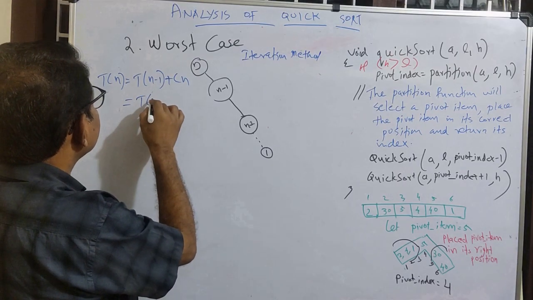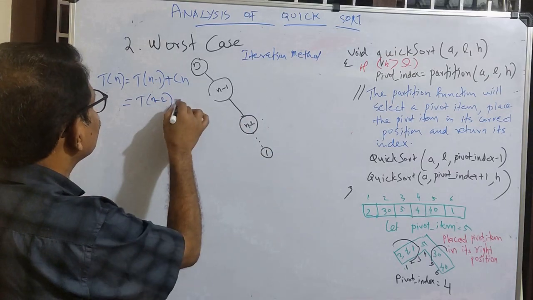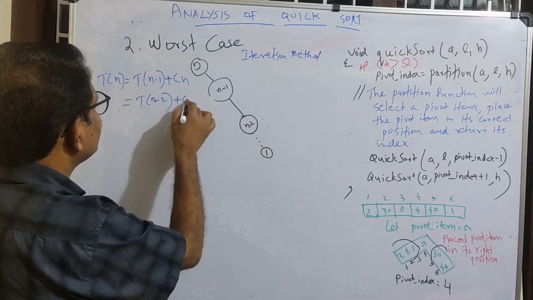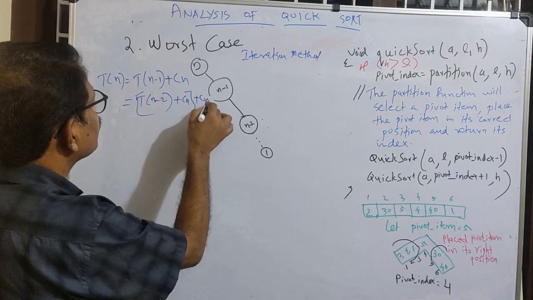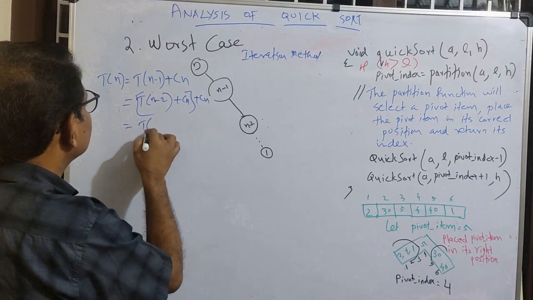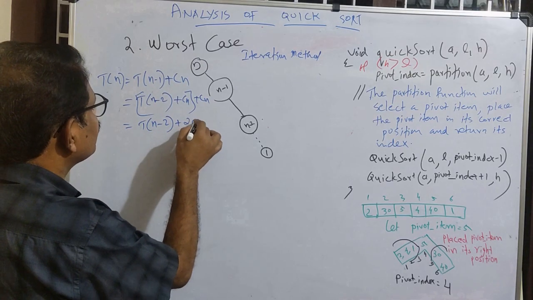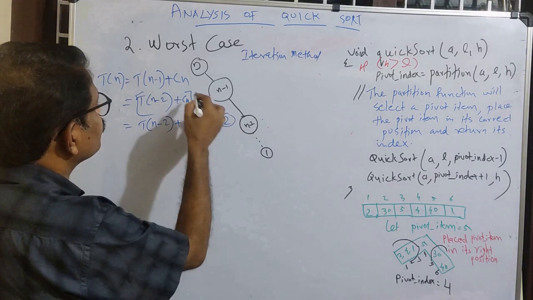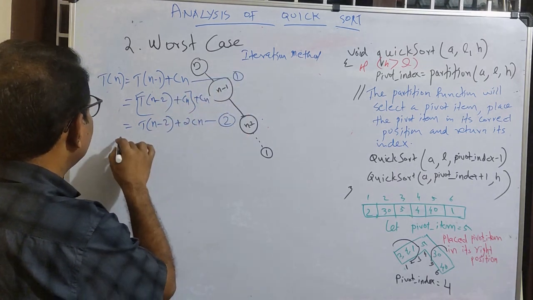It will be T of n minus 2 plus Cn plus Cn, which is equal to T of n minus 2 plus 2Cn. It is our second equation. This is our first equation.